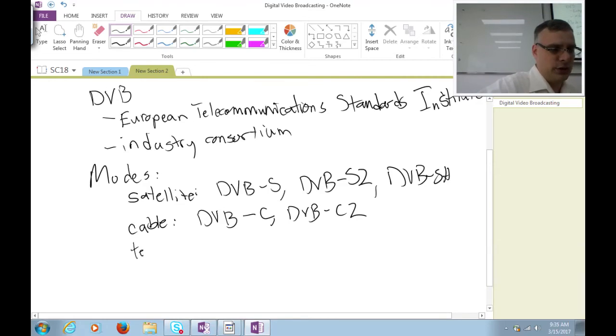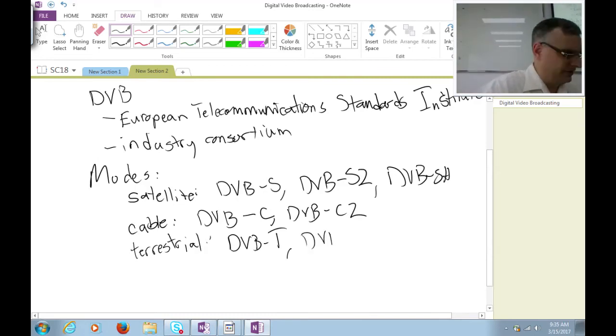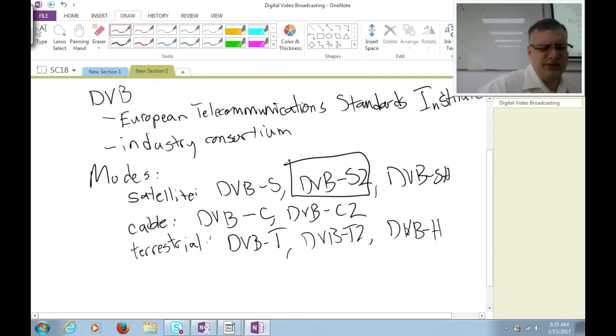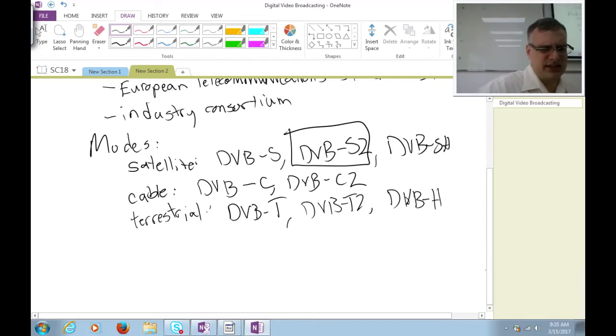And then there's another one for terrestrial broadcasting, DVB-T for terrestrial. Again, DVB-T2 and DVB-H. And this is the one we're going to talk about today, DVBS2, since it's so popular for satellite. Its forerunner.